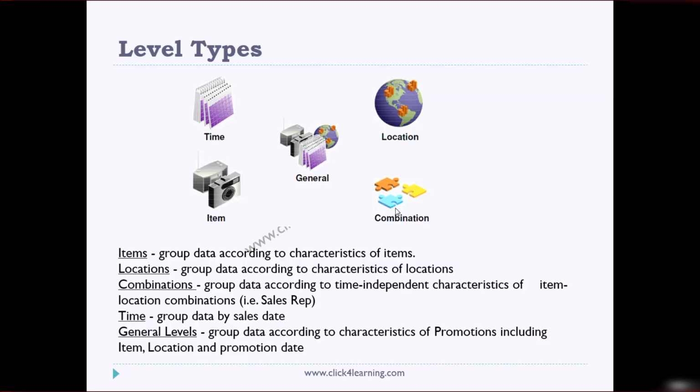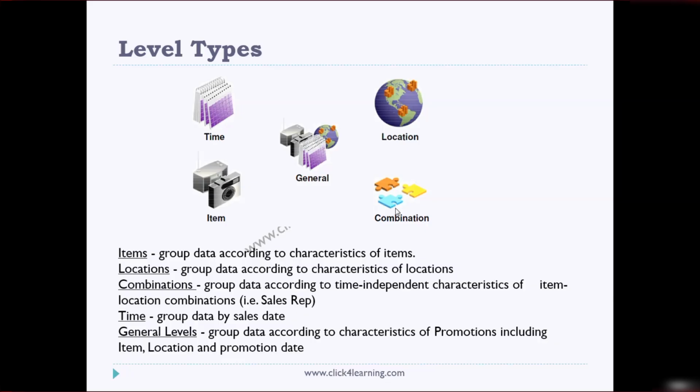The combination says: show me the data where the item is Apple iPhone 7 and the location is US. If I want to see the data for these combinations, I will give the set name. I think we discussed that in the previous session, where I took one example in Excel and we defined some combination levels, and we also discussed general levels as well.